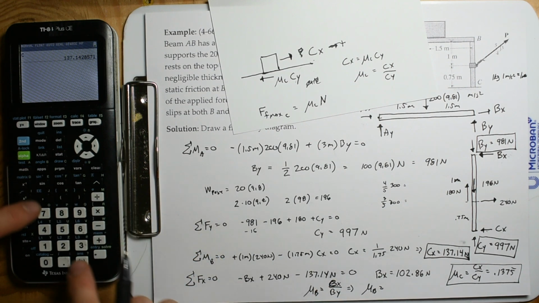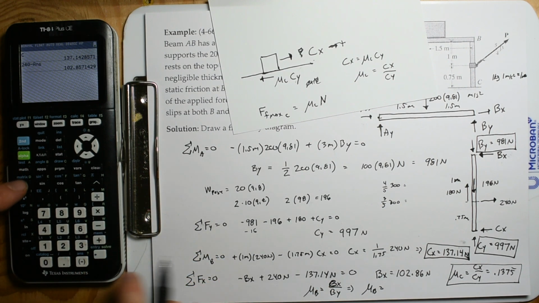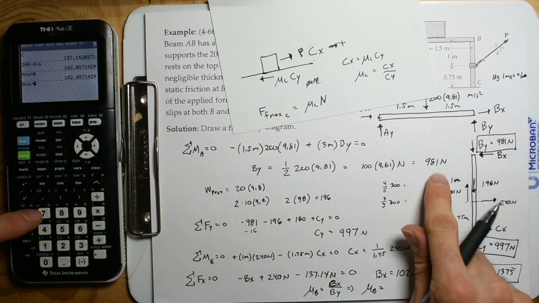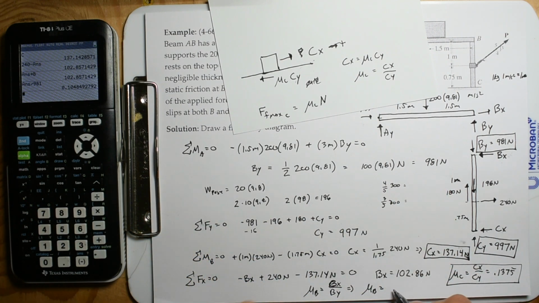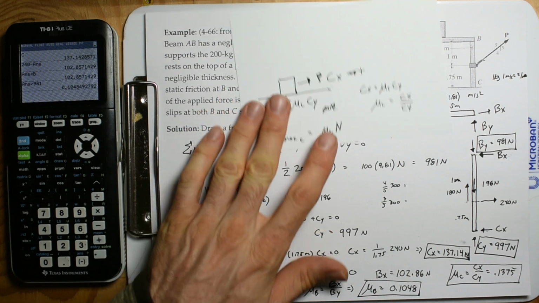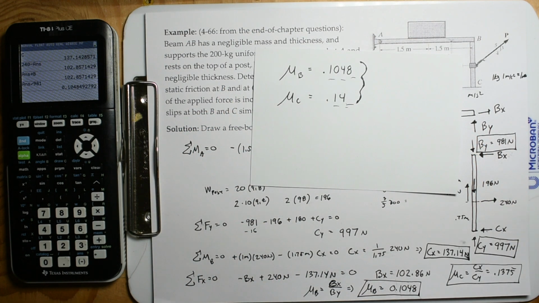Alpha C is this, so 240 minus that is this. I'm going to store that as alpha B. Sorry, I was just off by a factor of 1,000. So we have BX divided by 981, and we get 0.1048. Hell yeah. Alright, and so those were the answers, and we did it.